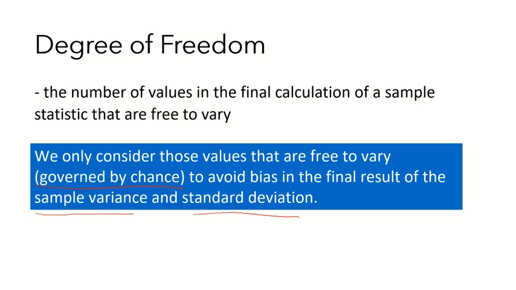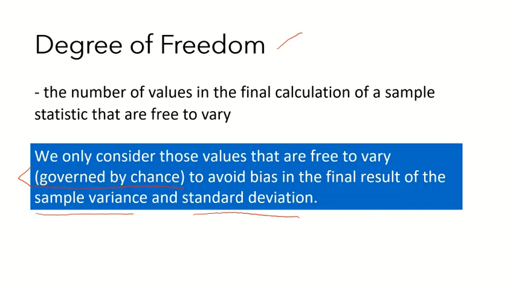So, take note, we've been learning about probability in the majority of the beginning part of this course. It's important to learn about probability because when we talk about degree of freedom, probability comes into play again. We only consider samples that are governed by chance.